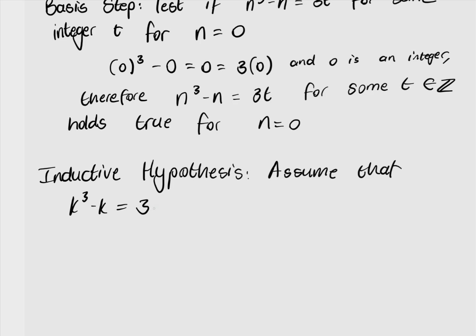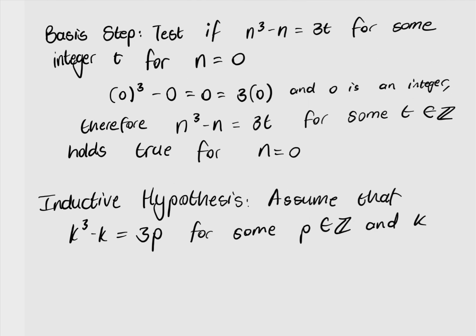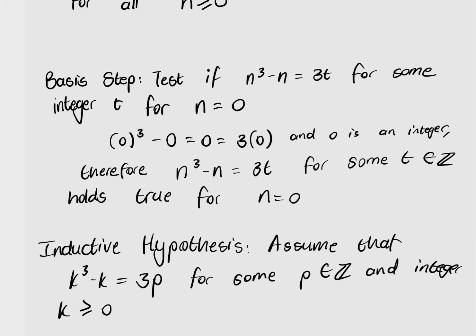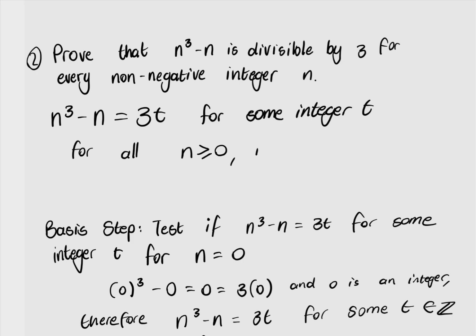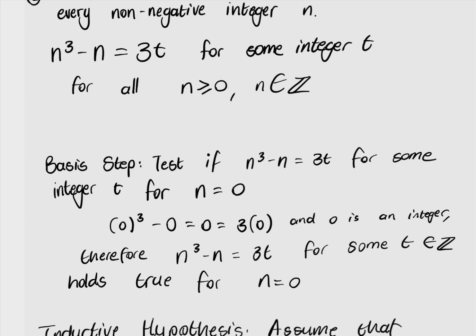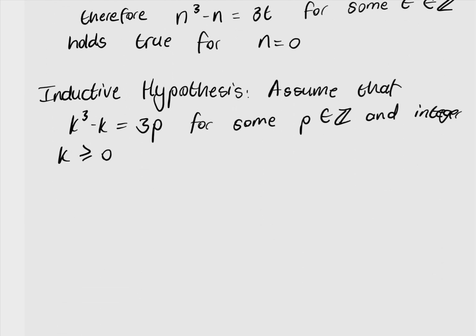Let's call it 3p for some p an element of Z, and some integer k greater than or equal to 0, for all k. Yes, I should just include that, and it's an integer there.